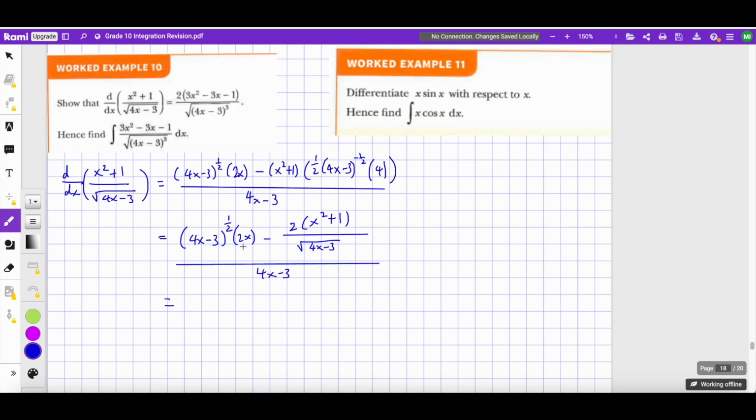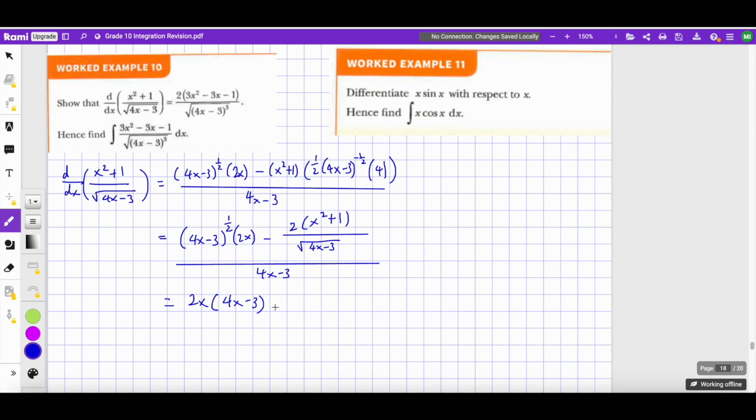All right, so what we're going to do right now is make the numerator at the top a single fraction. So we're going to multiply root 4x minus 3 to the first term itself, all right? So what will get us would be 2x, and when we multiply root 4x minus 3, it is actually plus half to the power of 4x minus 3, so we just have 4x minus 3 left.